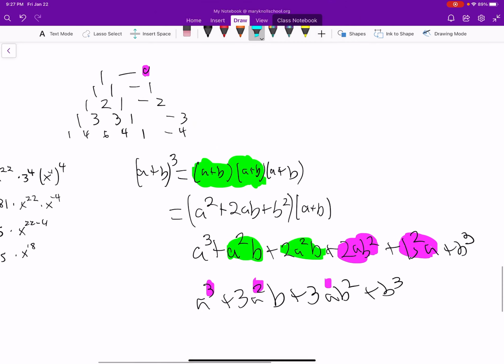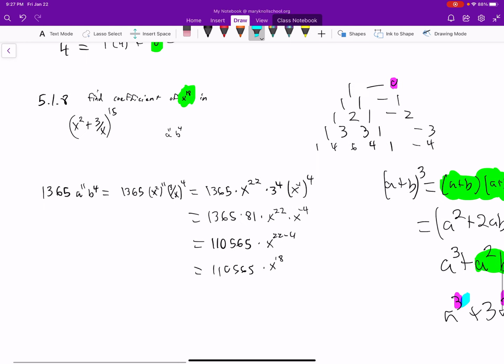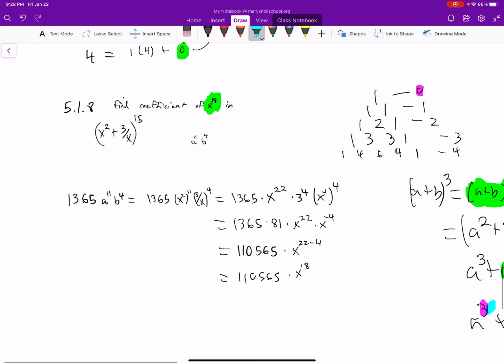And if we look at the powers of b, they go up: 0, 1, 2, 3. They do a similar thing. So with x to the 18th, we can find it somewhere.